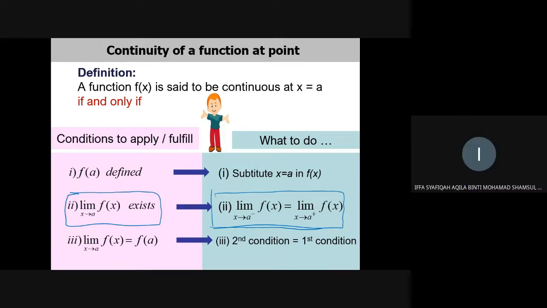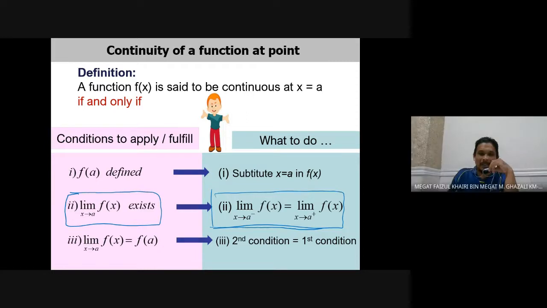Yes, sir, I'm here. Okay, this one, please refer to lecture part 2. For the limit to exist, the limit of f(x) as x approaches a from the left side equals the limit of f(x) as x approaches a from the right side.